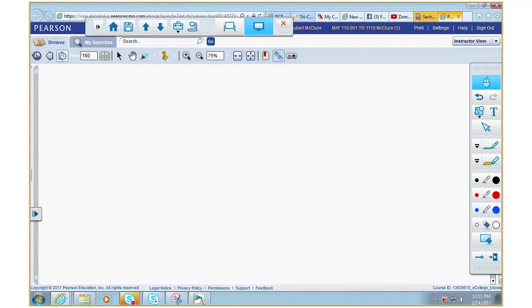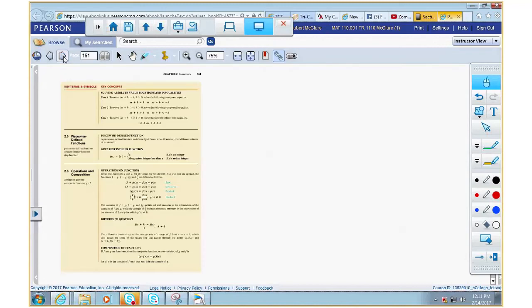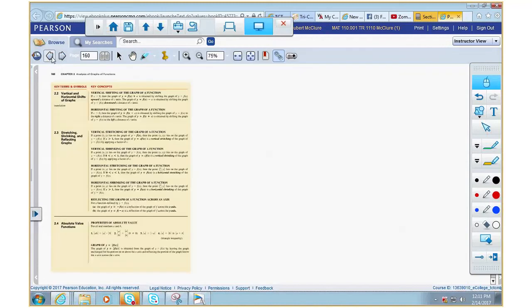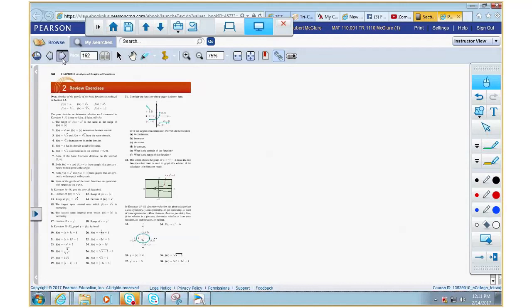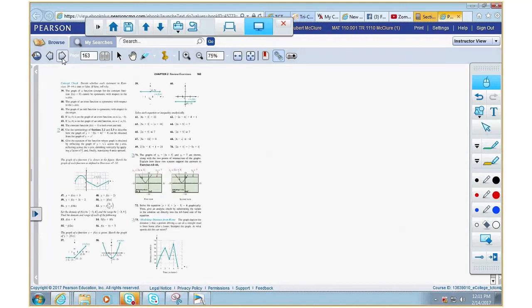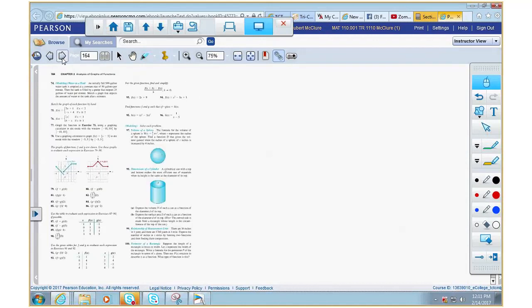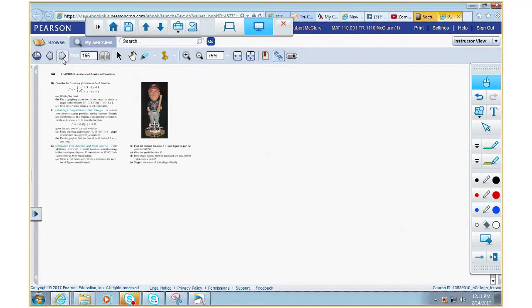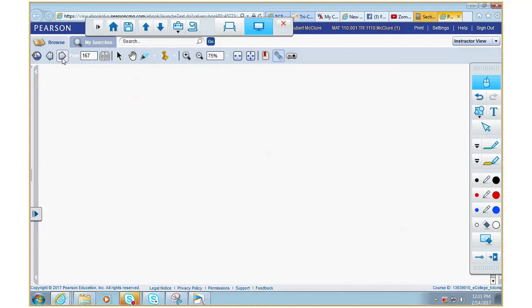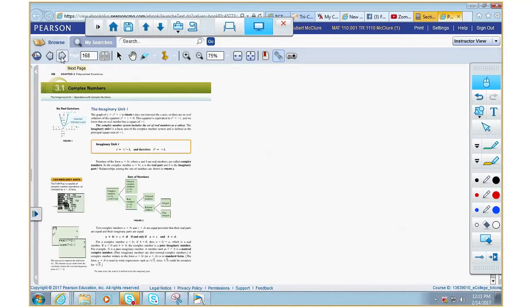Moves into chapter 3. There's a little cheat sheet back here in the yellow that you might want to go over before the test, or have during the test, whichever one you want to do. And then it moves into chapter 3. There's a little review test back there that you can do. Yeah, and then there's a test. Golly, they give you enough to pass. Give you all this stuff.